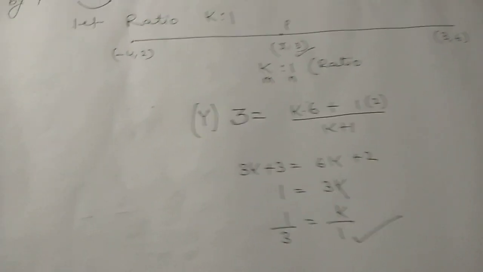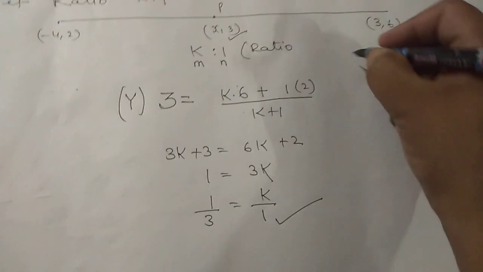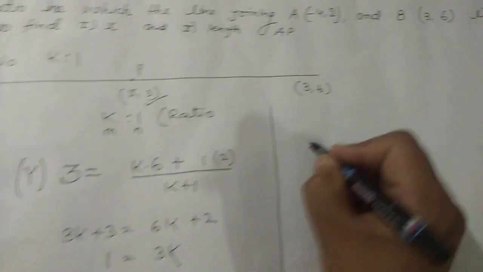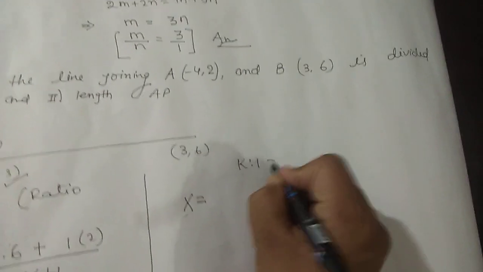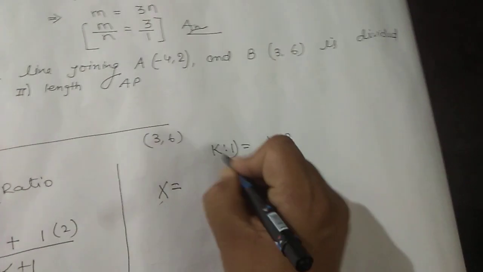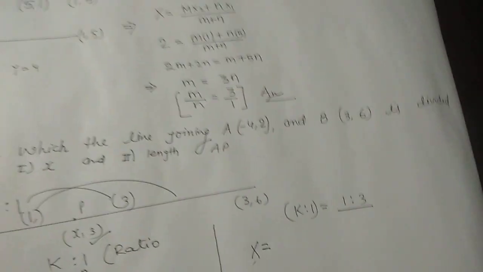Now you have to find x. Now you calculate x. Because k:1 is equal to 1:3, now the ratio is 1:3. This is 1, this is 3. 1 will be this side, 3 will be this side.